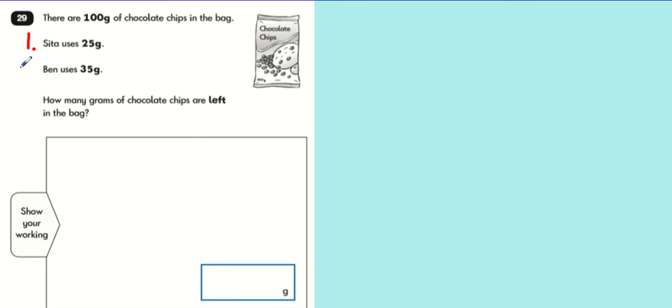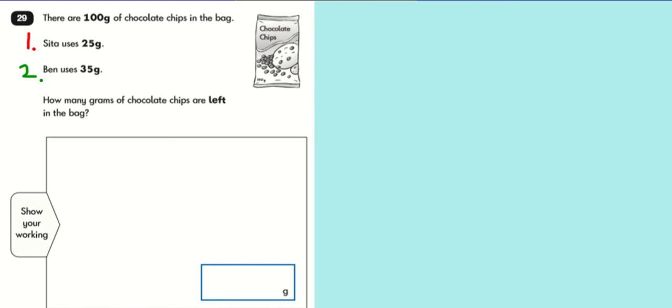Then along comes Ben and he uses 35 grams of what's left in the bag. And we want to know how many grams of chocolate chips they leave behind. So Sita uses some, then Ben uses some. How many chocolate chips are left in the bag? So here we are, 1 and 2.